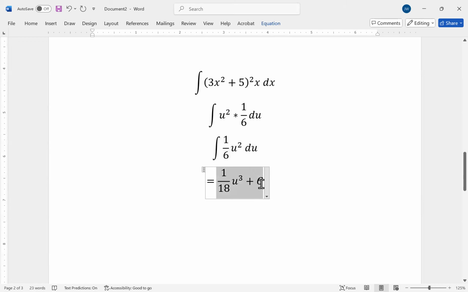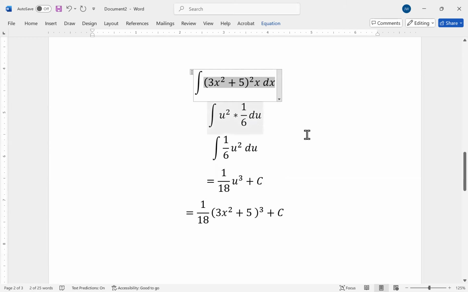This becomes the antiderivative of this function, which through substitution means that 1/18 times (3x squared + 5) raised to the third power plus c is the antiderivative of (3x squared + 5) squared times x dx.